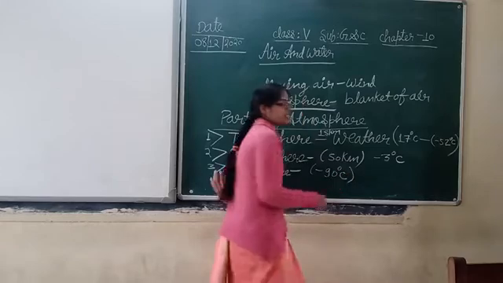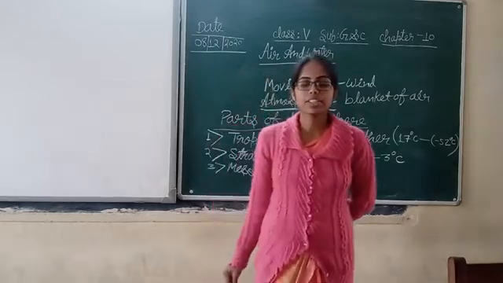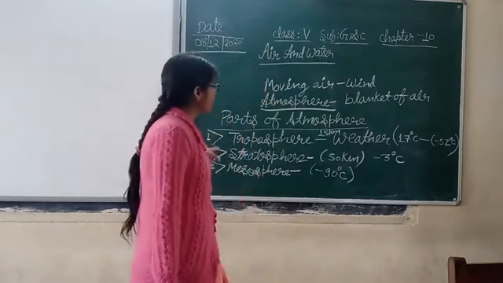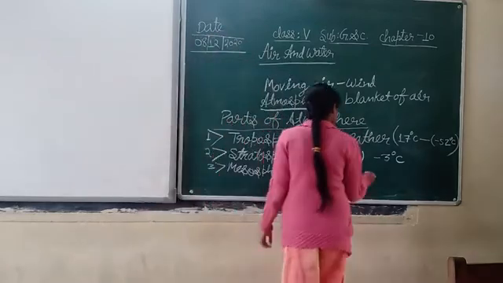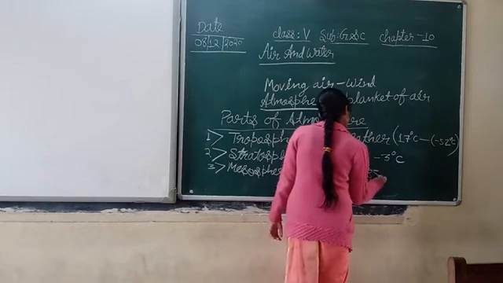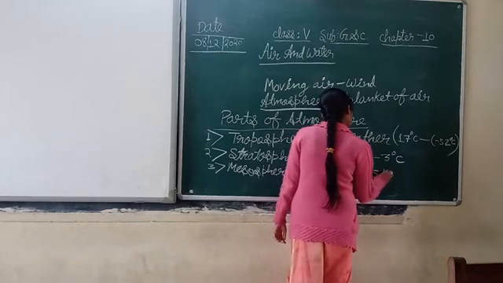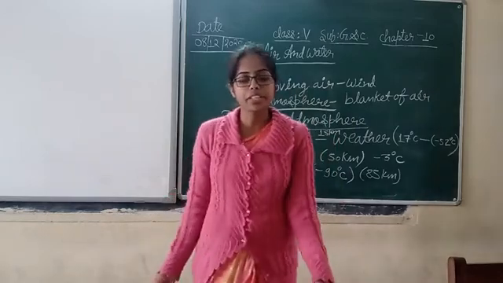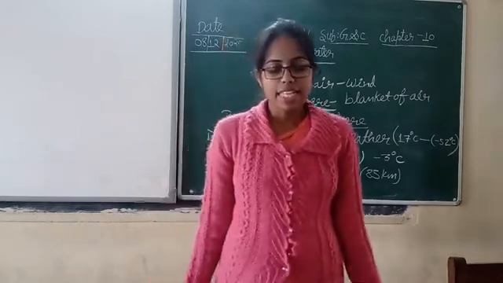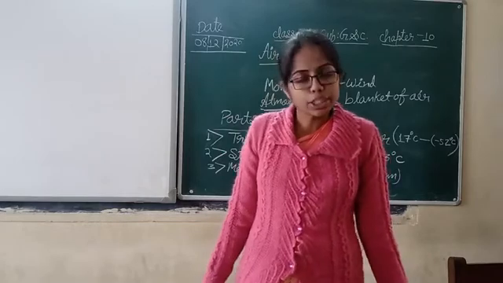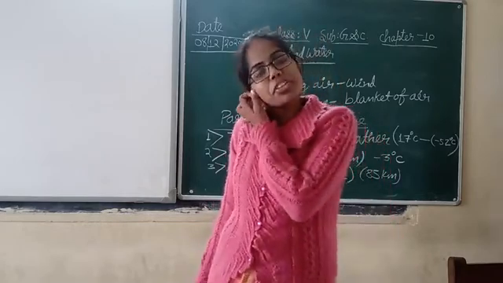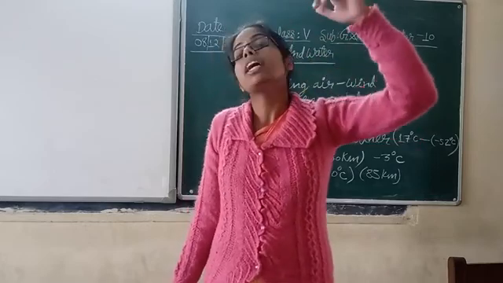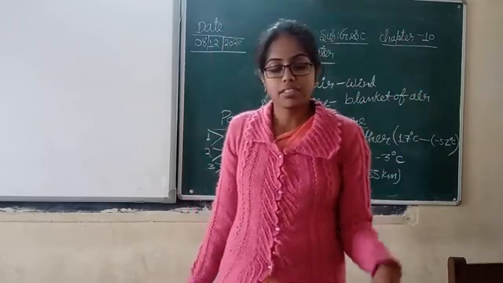The first layer goes up to 15 kilometers, the second layer up to 50 kilometers, the third layer up to 85 kilometers, and the temperature falls to -90 degrees Celsius due to the increase in altitude. When we move up in the atmosphere, the temperature decreases.